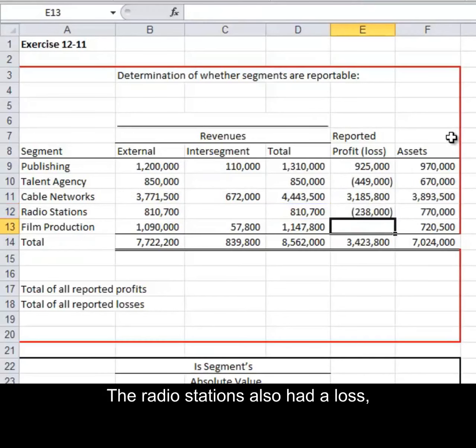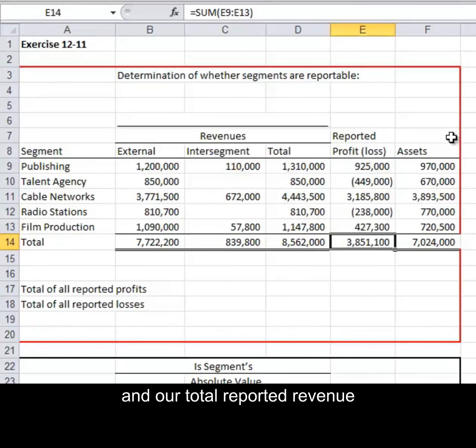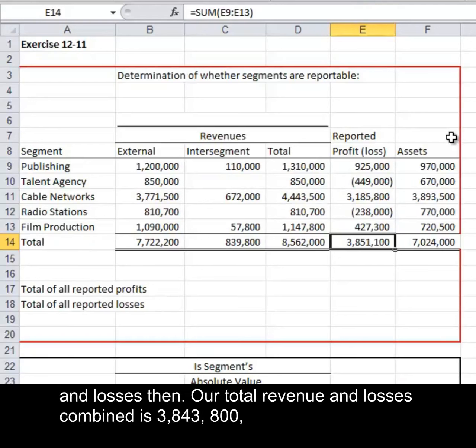The radio stations also had a loss, and our total reported revenue and losses combined is $3,843,800.